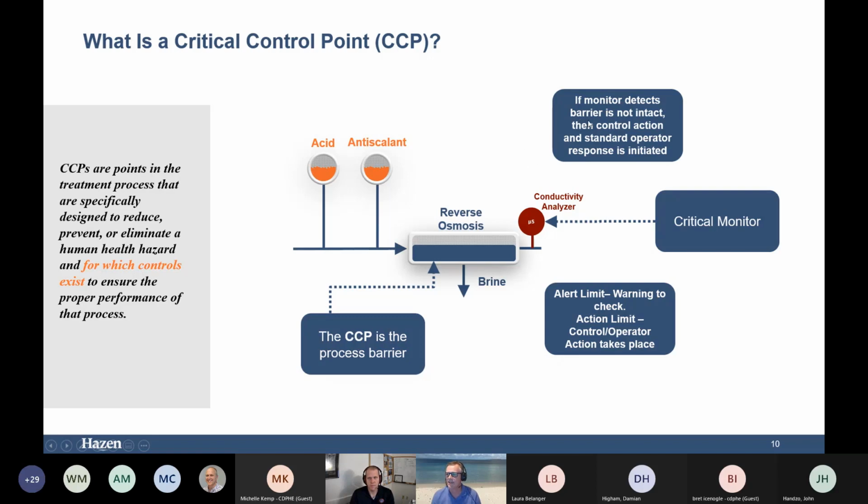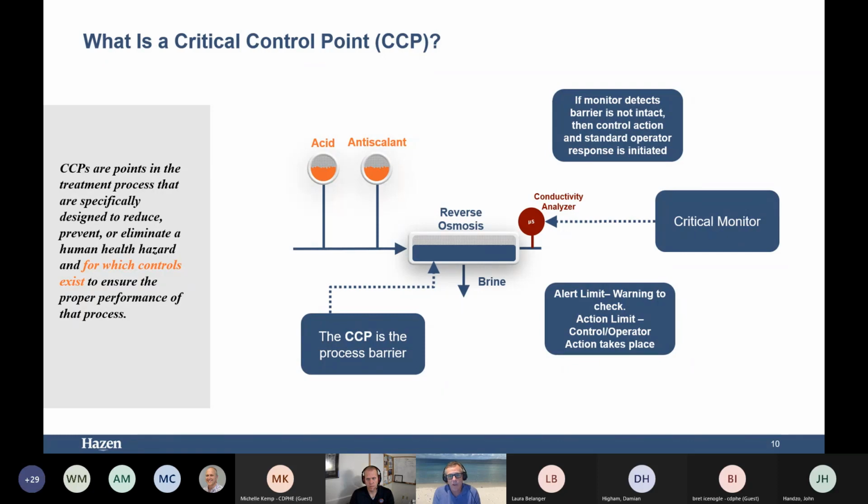Now, if that monitor detects that the barrier is not sufficiently intact to the degree that we can monitor it, then there will be a control action and an operator response that's initiated as a result of that. That might be that we need to take that particular process offline, or we need to divert the water from that process.